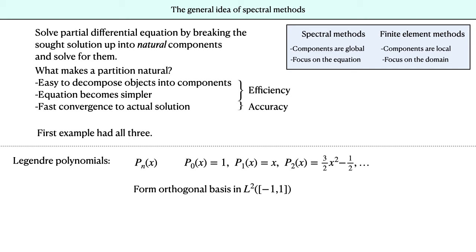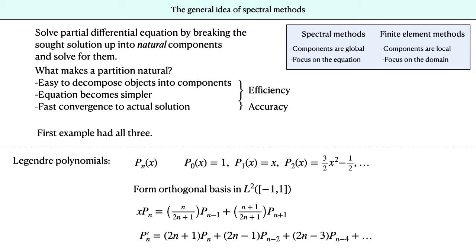So there you already have a natural way to break any solution up into Legendre polynomials. Legendre polynomials also satisfy some algebraic properties and differential properties that can be used in a spectral method scheme.